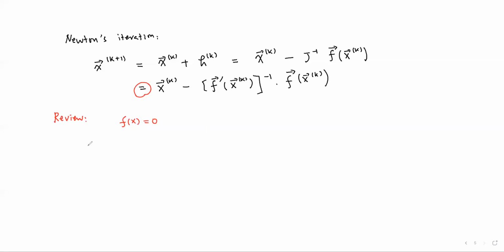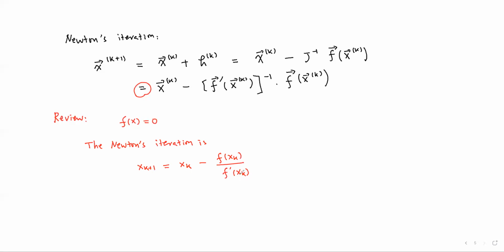The Newton's iteration is this: xk plus 1 is equal to xk minus f of xk over the derivative at xk, right?